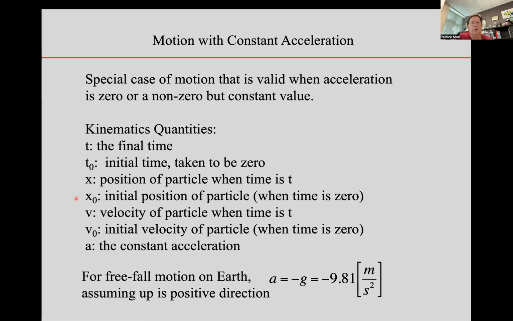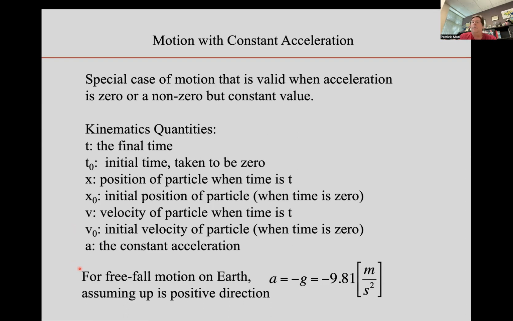X naught is the position of the particle when time is 0, so the initial position. V is the velocity of the particle at the final time. V naught is the velocity of the particle at the initial time, so when time is equal to 0. And there is only one variable for the acceleration because the acceleration is constant. So we don't have to differentiate between the final and the initial acceleration.